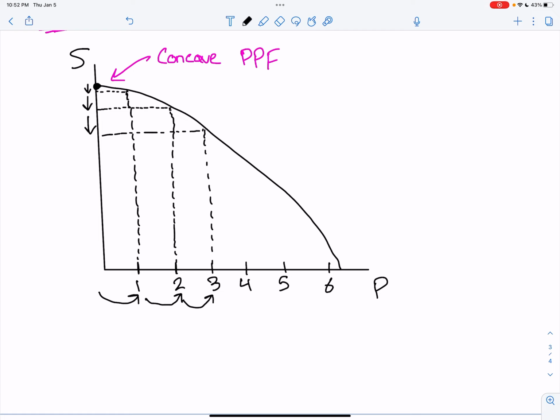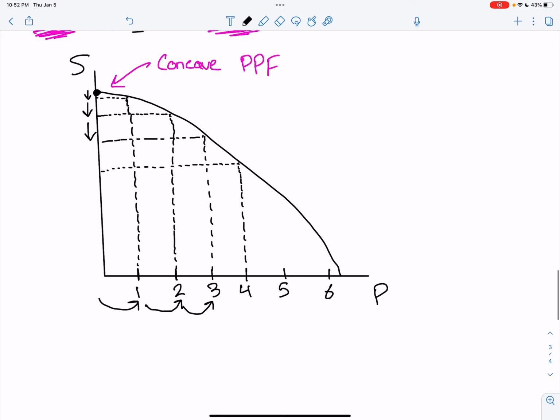And because the PPF is getting steeper, every time an additional park is added, more and more stadiums must be given up. What's another way of putting this? Well, another way of putting this is that the opportunity cost of building a park is increasing.